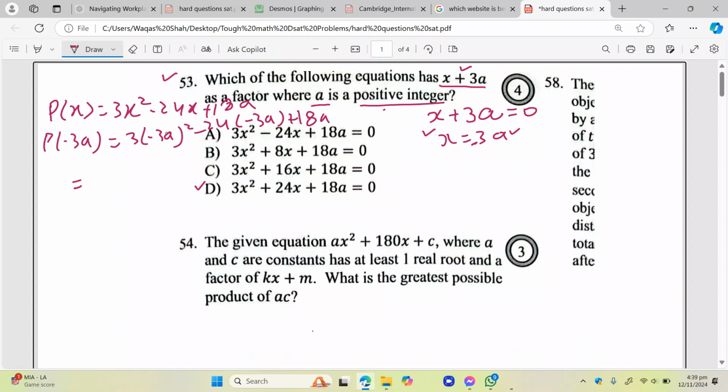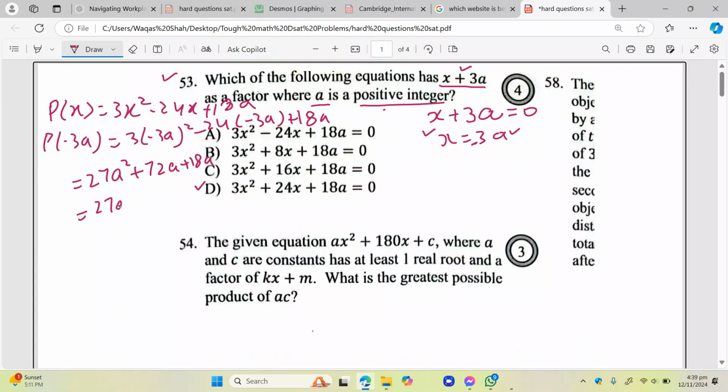Now you can see that the square of minus 3a is 9a square, and 9 times 3 is 27, so positive 27a square, and negative times negative is positive, right? So it will be 72a plus 18a. If you add the like terms, 72a plus 18a is 90a.